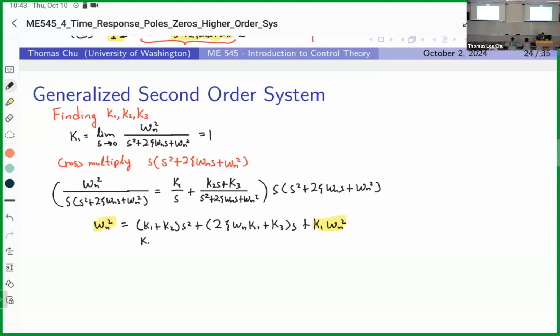We know that K1 plus K2 is equal to 0 because it's the same as saying plus 0 s squared. Maybe I'll do a little dot here so it doesn't look like 0 times s. So then we can see that K2 is equal to minus K1, which is equal to minus 1.